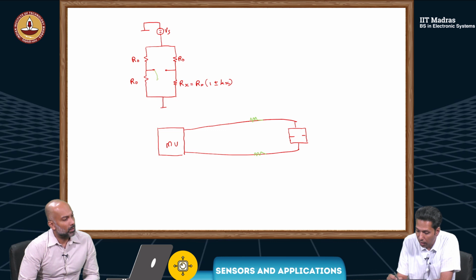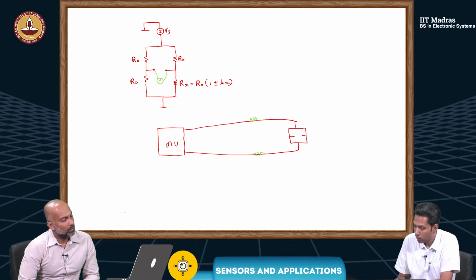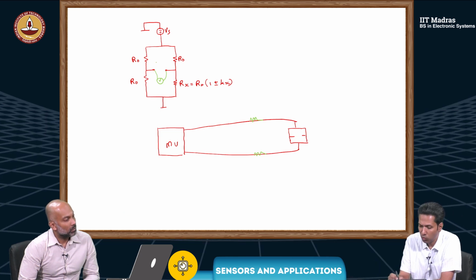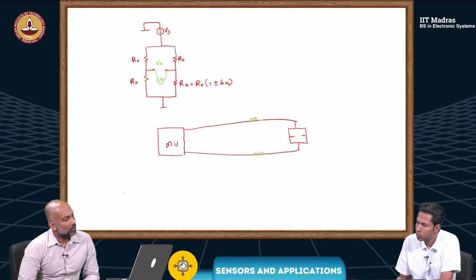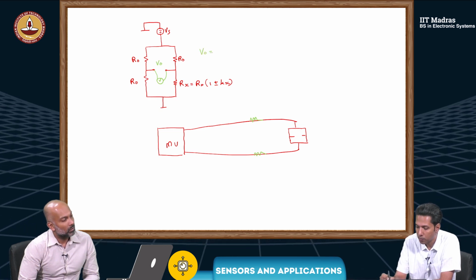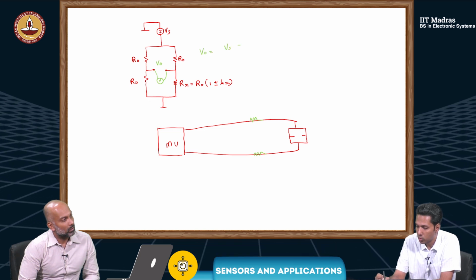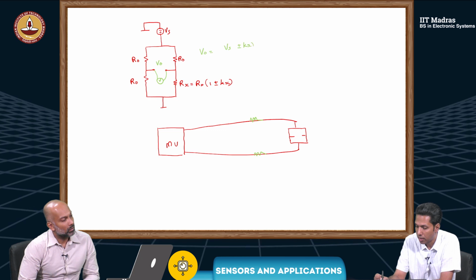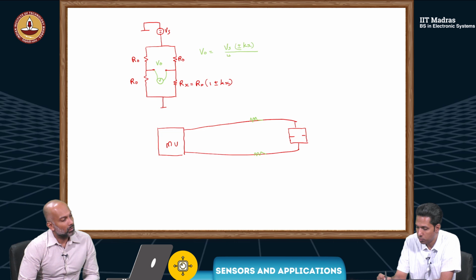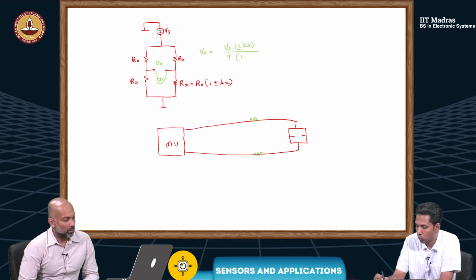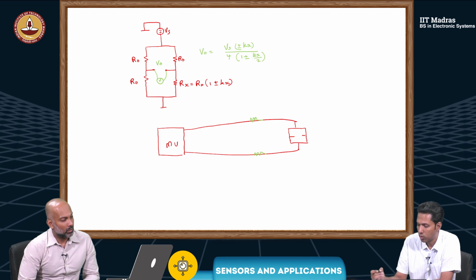I connected the voltmeter here. And I remember the V naught, the output voltage, was Vs, the excitation voltage, into plus or minus Kx divided by, for the quarter bridge, Vs by 4 into 1 plus or minus Kx by 2. It was something like that.